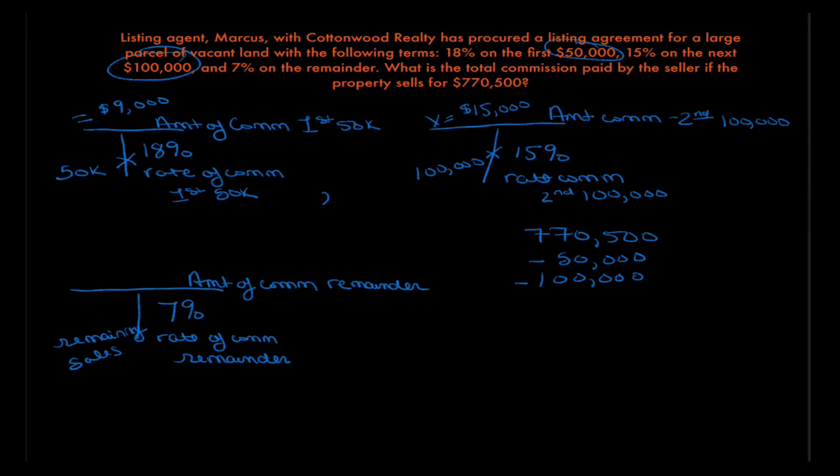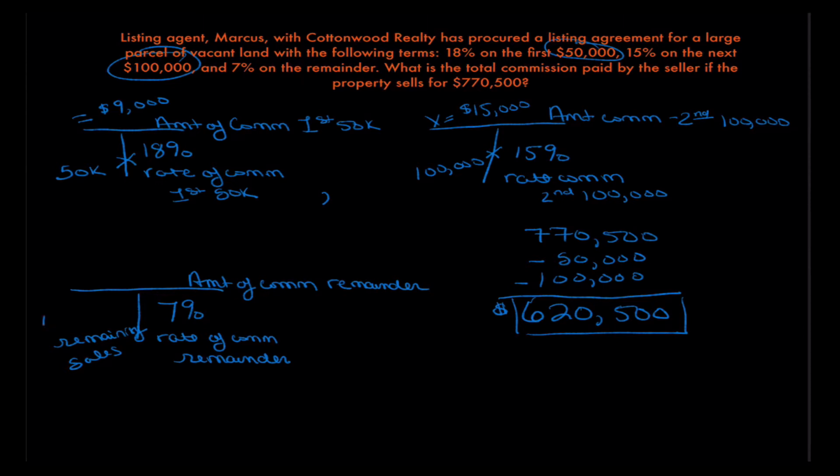So if we subtract that 50 and that $100,000 from the $770,500, we'll find out that we have a remaining sales price of $620,500. This is the sales price that we still need to figure out what commission we get off of it.